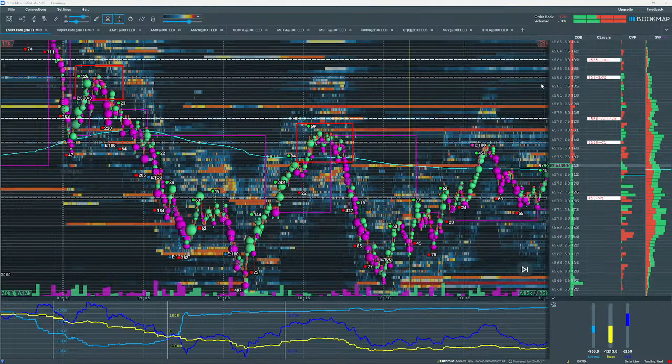This reversal right at the SPY 454 level, shown here. And then the second setup, that was a confirmation setup, and the second setup was the reversal at the 4548 level.